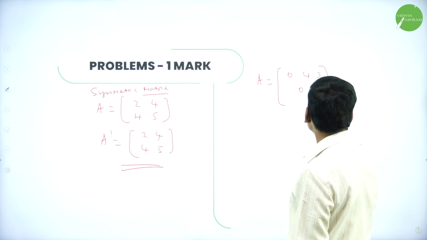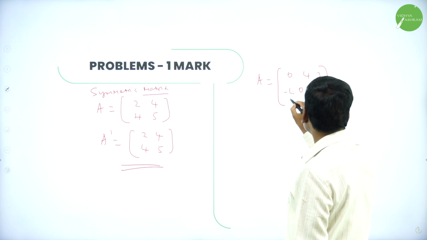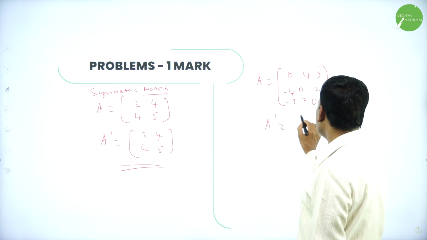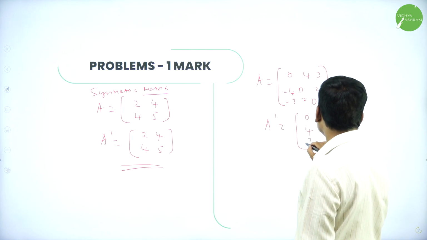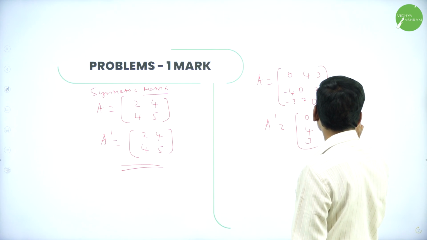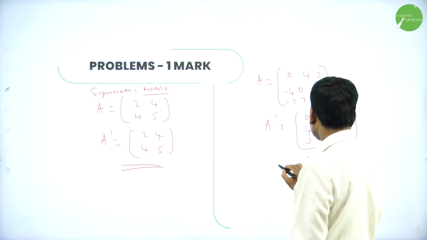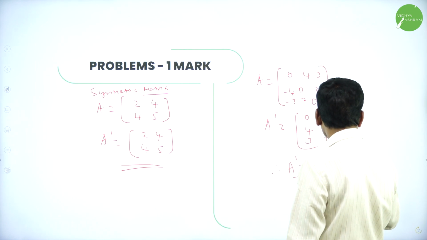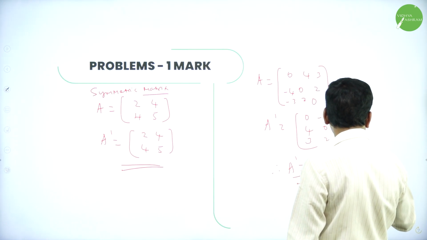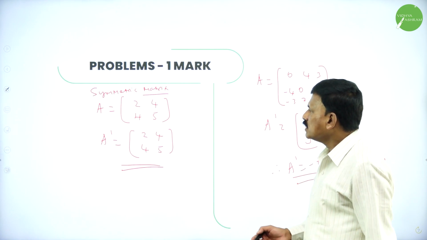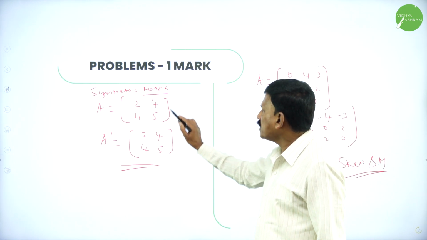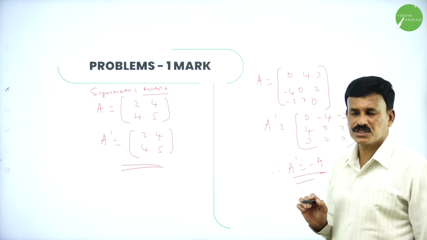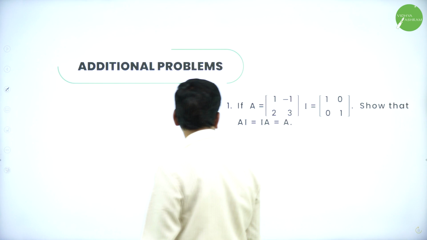You can give any elements here. So this is minus 4, minus 3, 2 and plus 2. If I transpose this, A dash is equal to 0, 4, 3, minus 4, 0, 2, minus 3, 2 and 0. A dash is equal to minus A. So this is a skew symmetric matrix. This is an example for a symmetric matrix and this is an example for a skew symmetric matrix. Now let us come to the problems.